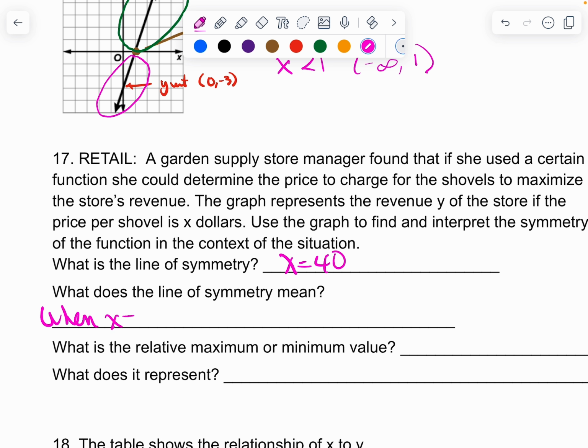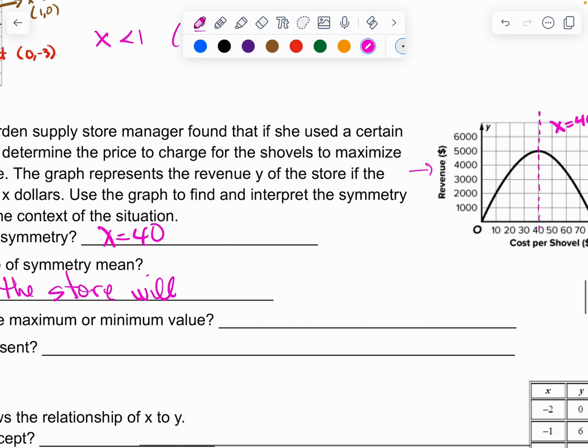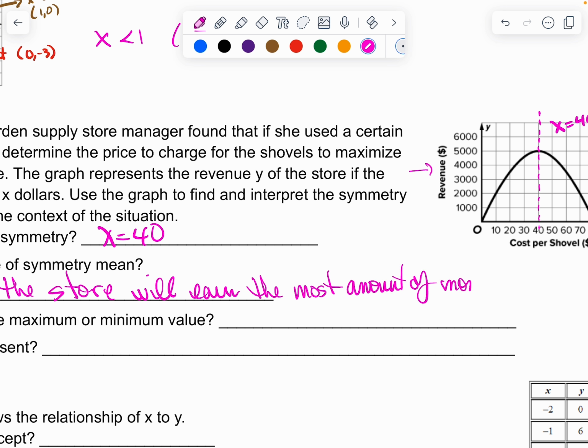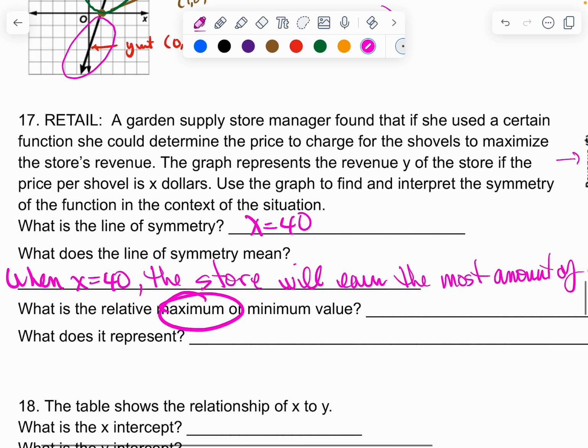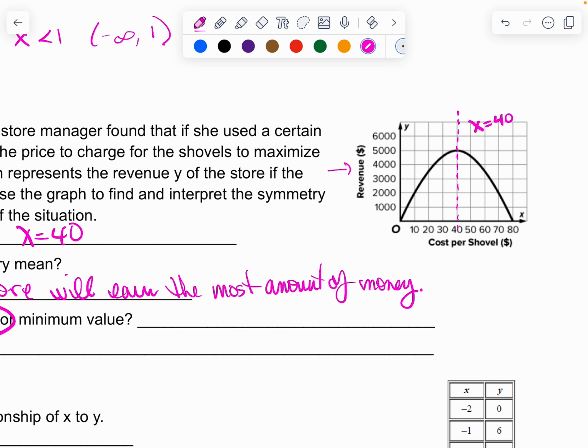When x equals 40, the store will earn the most amount of money. This is a maximum value. What is the maximum? Let's see, $5,000.